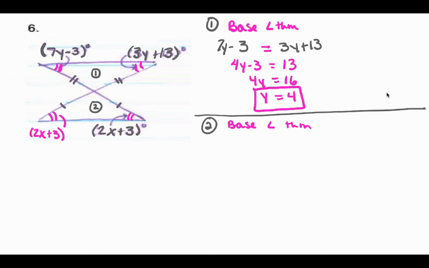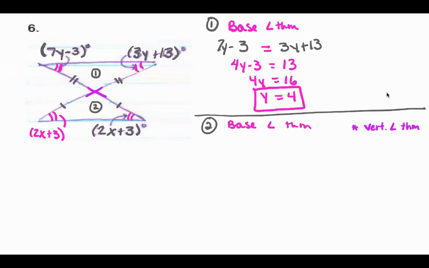So what we are going to have to do is go back to the first triangle because it turns out that we end up with a set of vertical angles. And we can use the vertical angles theorem in order to figure out another angle measure in triangle 2.